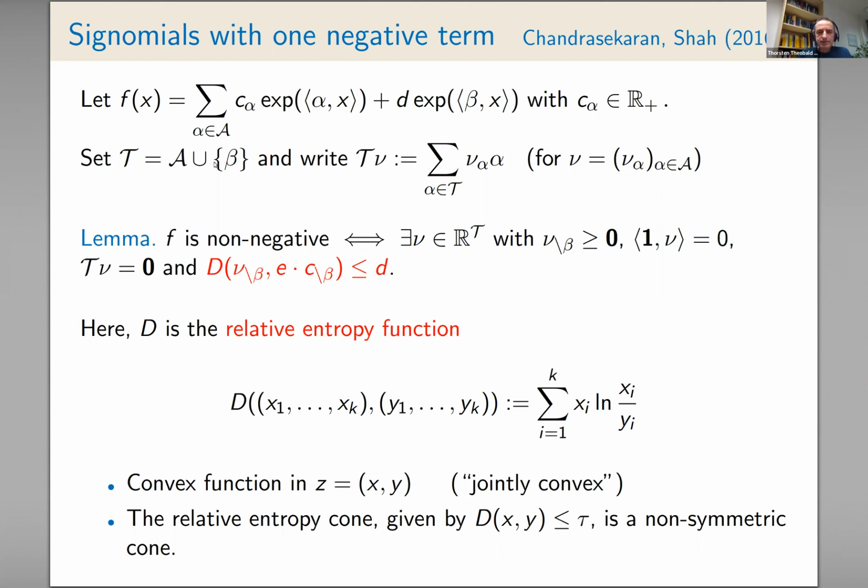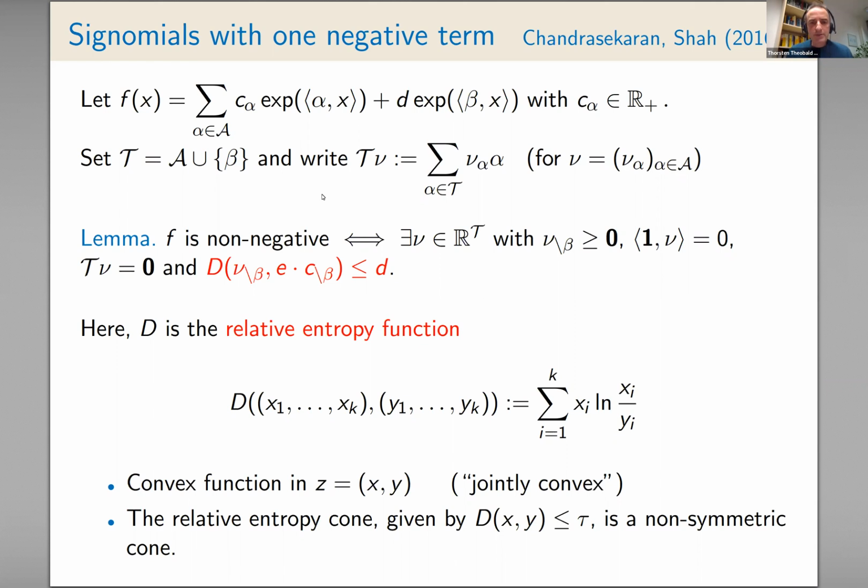In order to see this, let us assume that we, as before, have only positive coefficients and just one negative coefficient. And it's useful to use the following operator notation. So T nu for a certain vector nu is just the linear combination of the vectors alpha given by the coefficients of nu. We will use this short notation several times in the talk.